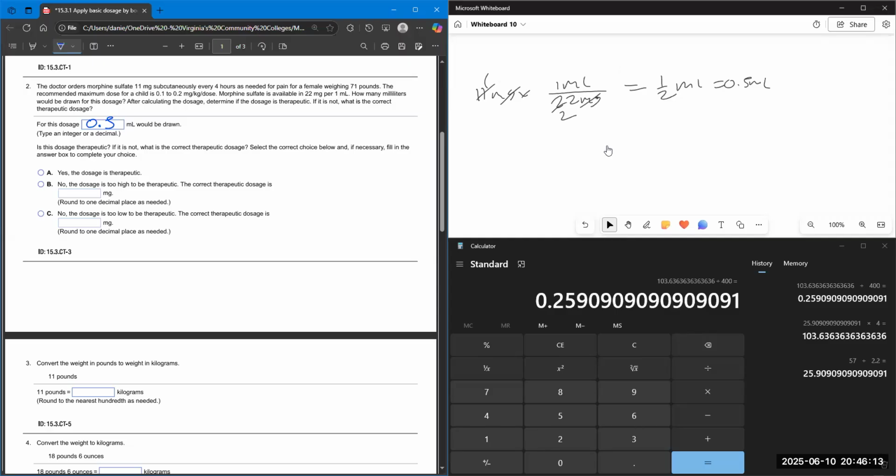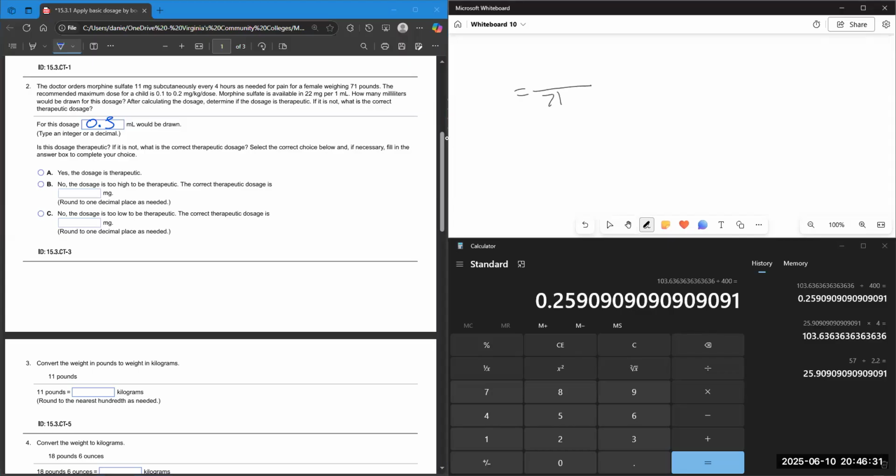But doctors sometimes forget that they're dealing with smaller or younger patients, and they accidentally write the adult dose, something like that. You're going to see something like that happen here, where they prescribe too much.